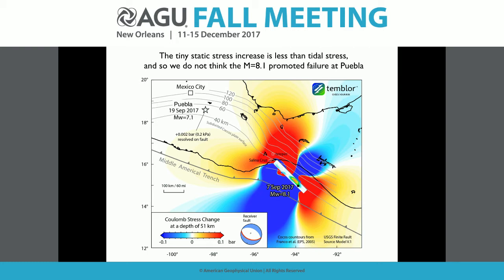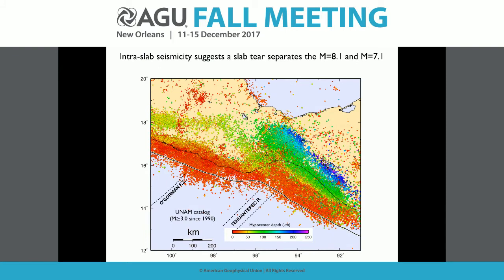But this second earthquake occurred in the transition zone between the flat slab and the dipping slab. And the reason we have this kind of contrast is the background seismicity. I'm going to superimpose the seismicity here, color-coded by hypocenter depth. You can see that the seismicity is very straightforward, occurring along the dipping slab.